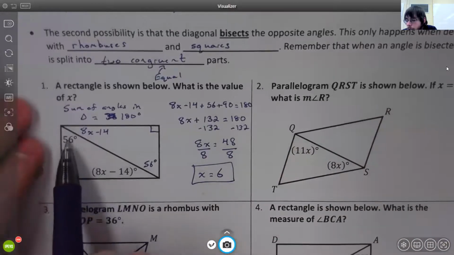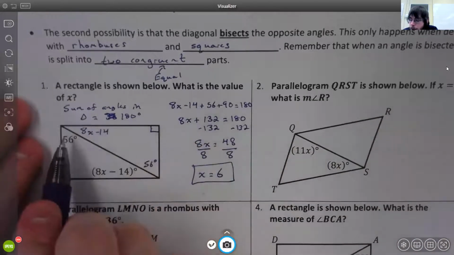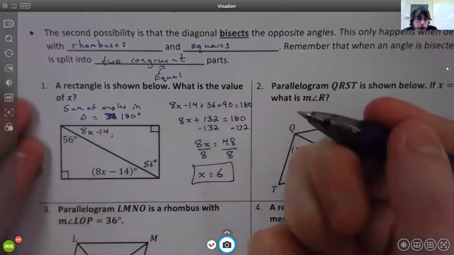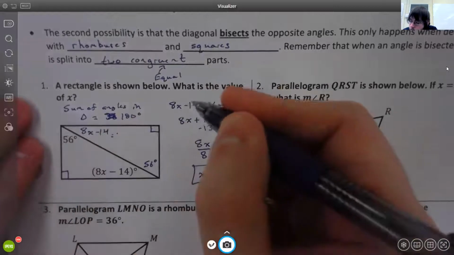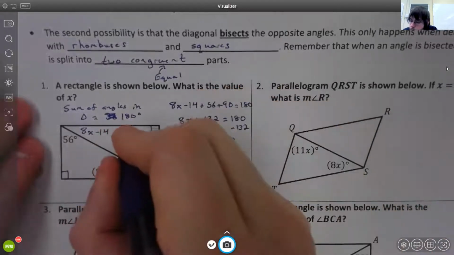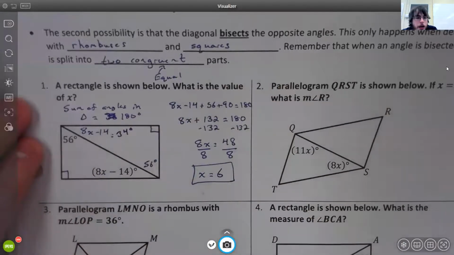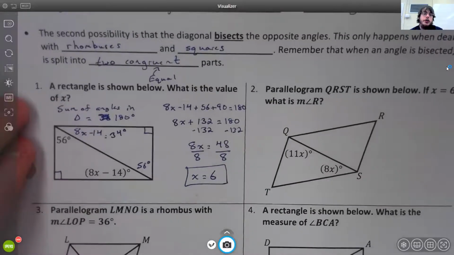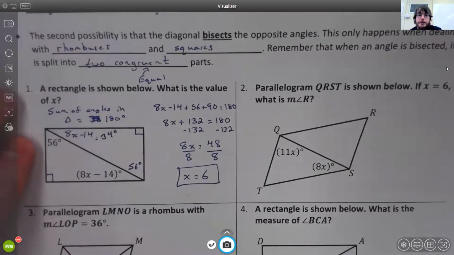You know this is 56, and this has to be 90, so you know this has to be equal to 34. I don't know why it took me so long to think of that. And then you could solve from there. It'll give you the same thing, okay? Whichever way you choose, just make sure you understand how to solve it correctly.